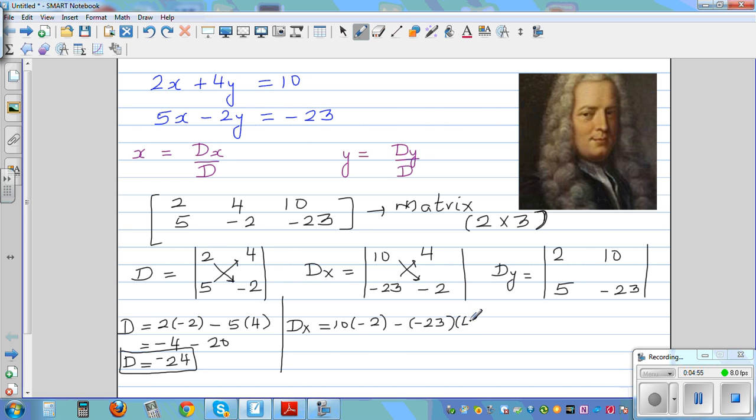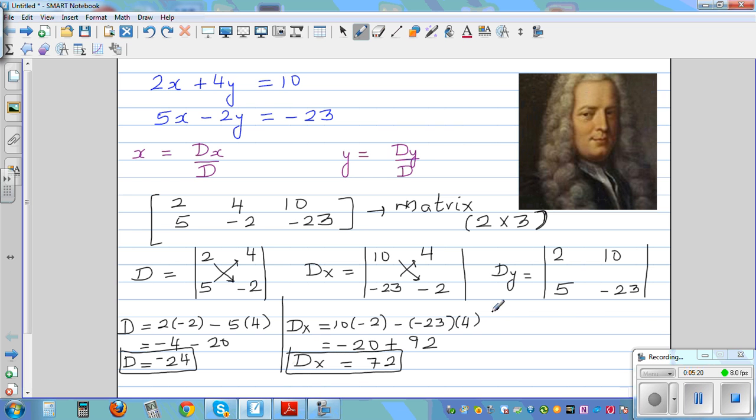Negative 23 times 4. So let's work this out. So this is how much? This is minus 20 plus, so 23 times 4 is 92. Am I right? So you can say dx is plus 72.